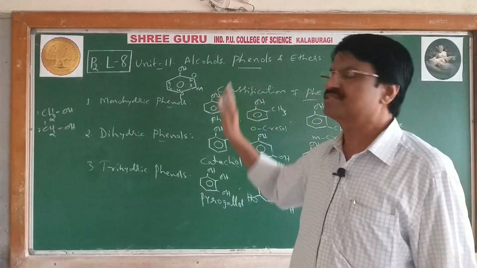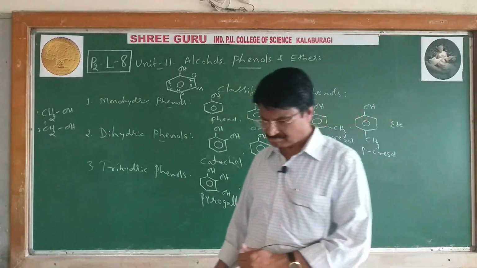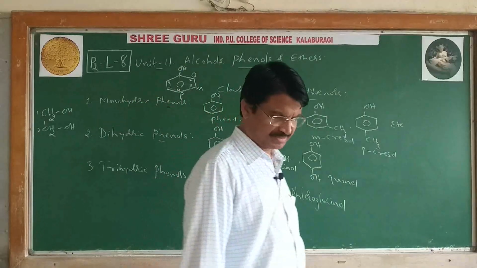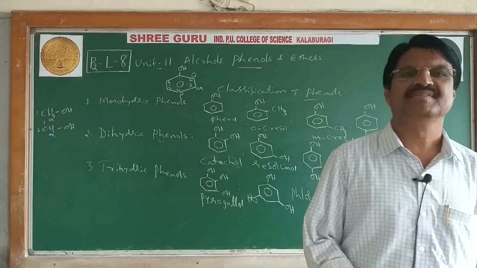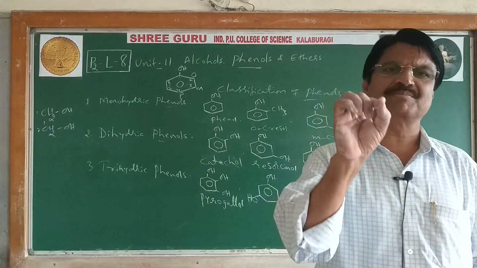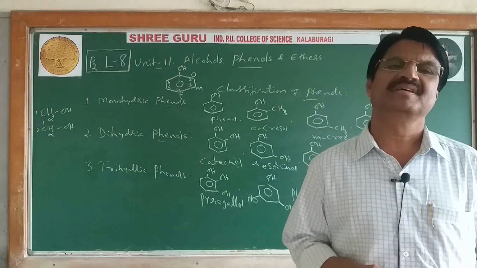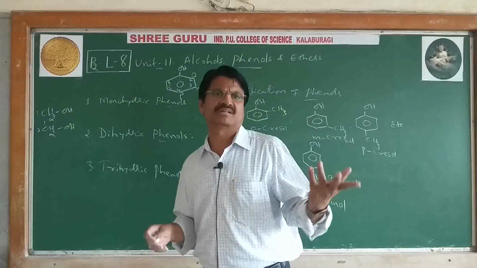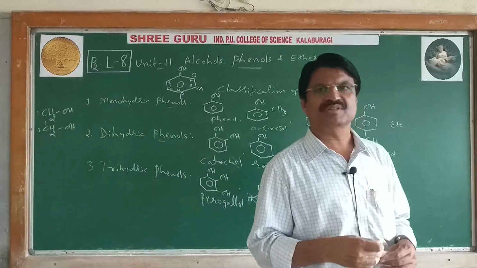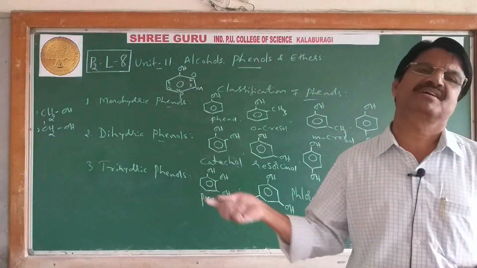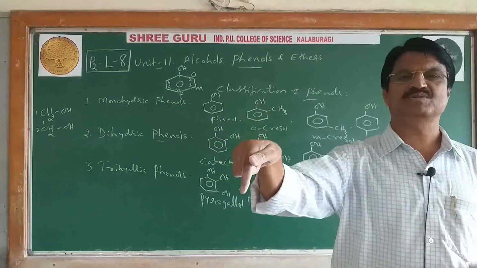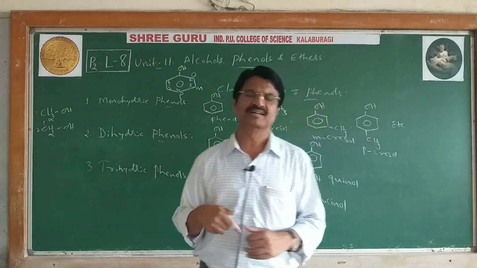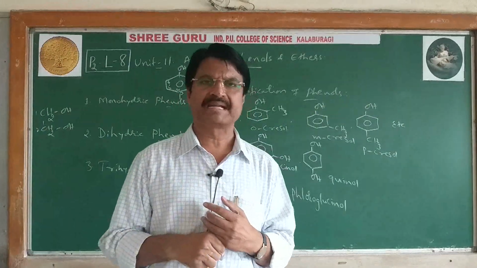How to define phenols? These are derivatives of aromatic hydrocarbons obtained by replacing one or more hydrogen atoms of the benzene ring or aromatic ring by a hydroxyl group. Or you can define them as hydroxy derivatives of aromatic hydrocarbons in which the hydroxyl group is directly attached to the sp2 hybridized carbon atom of the aromatic ring. That is said to be phenol.